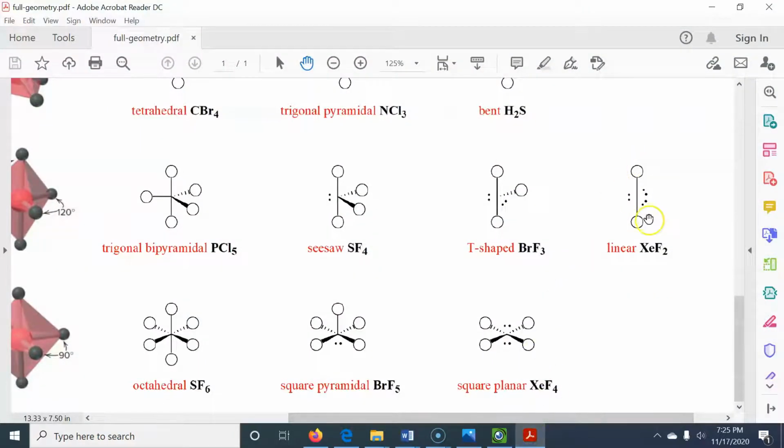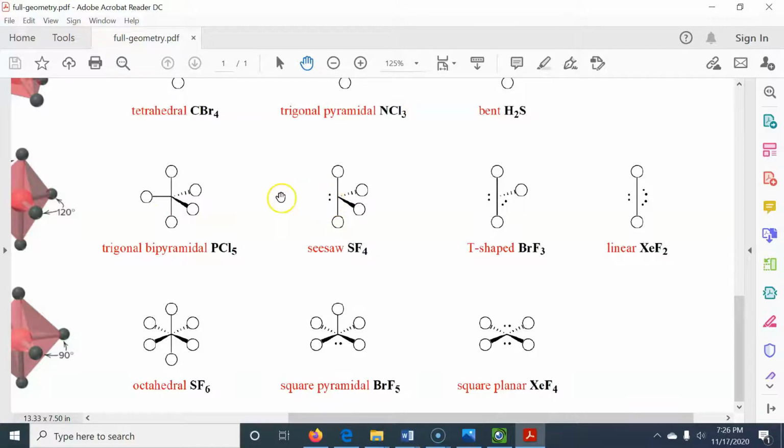Because, for instance, over here, we just did the BrF3, T-shaped. But over here we have a bunch of lone pairs. But do you notice how the bonds are still 180 to each other? Because the lone pairs are pushing equally on all three sides on this bond here, right? There's no imbalance, in other words. Over here there's an imbalance.